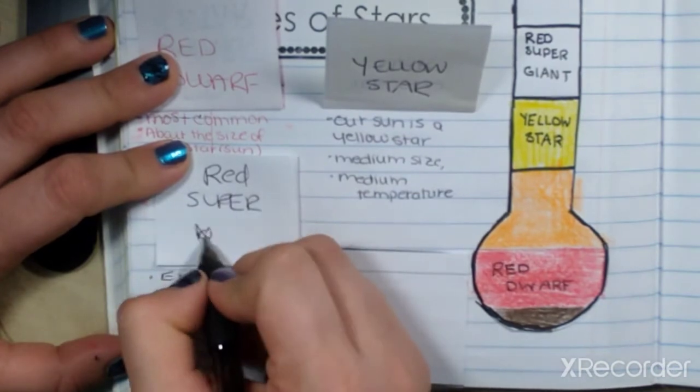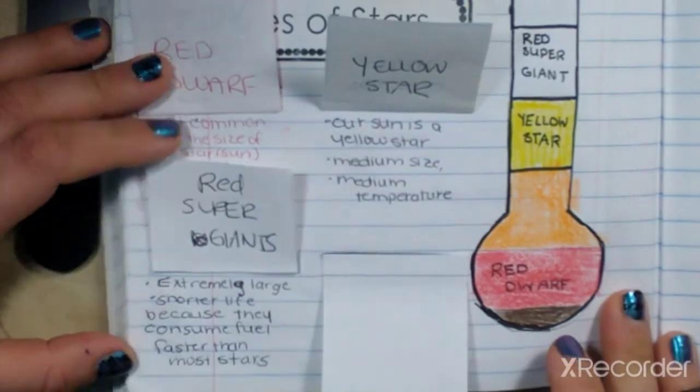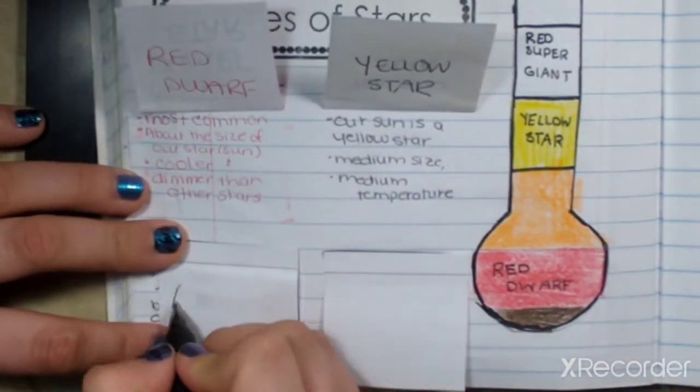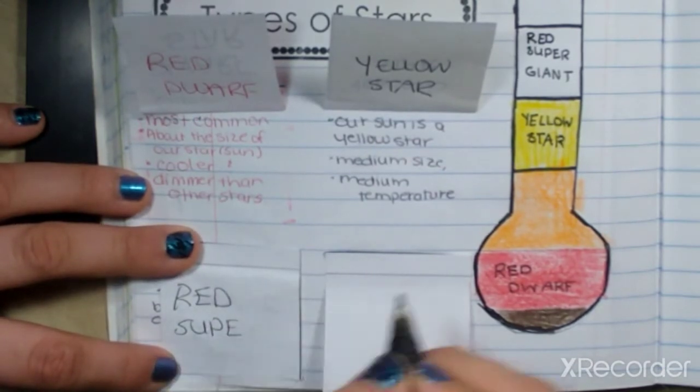Oops, these are red supergiants. Okay, and that's what I'm going to put on the front. And this one is going to be white to match over here.